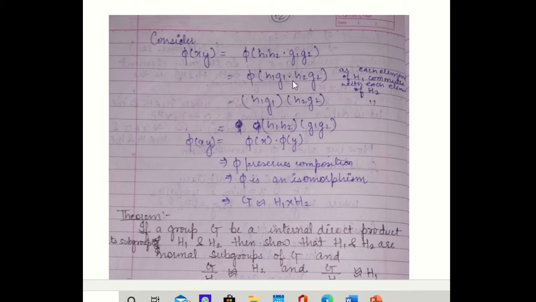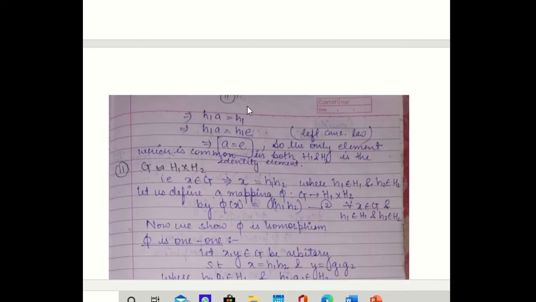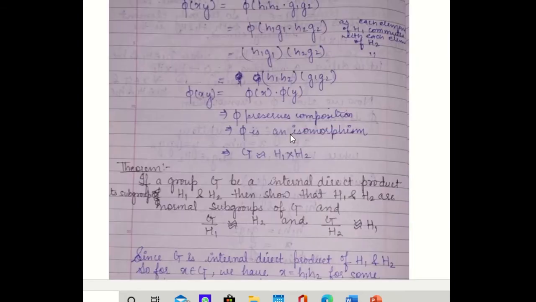By definition of phi, what we have seen is that phi of x equal to h1 h2. We have shown that. So phi of h1 g1 into h2 g2 will be equal to h1 g1 into h2 g2. And this is what? This is h1 h2 into g1 g2. So this is equal to phi x into phi y.